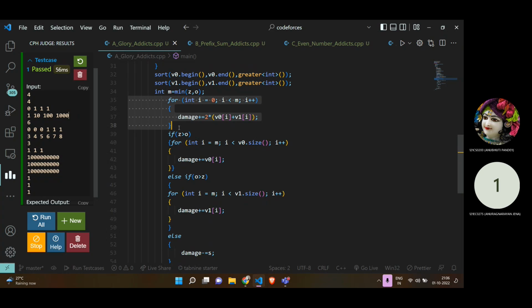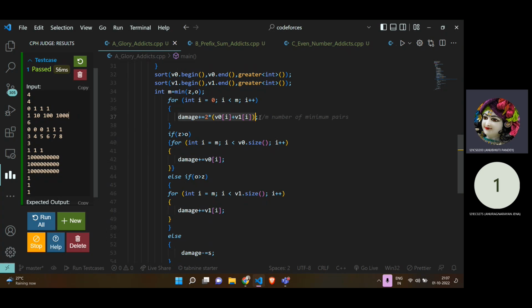So we will run a loop and find m number of minimum pairs, and we'll add it to the damage.